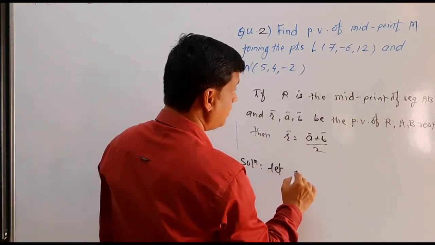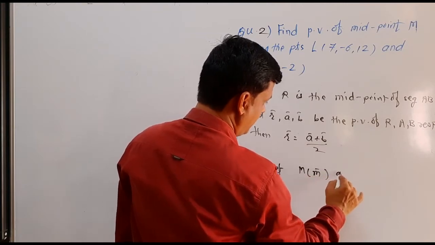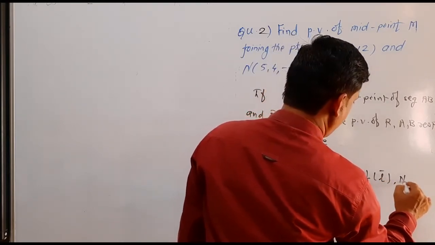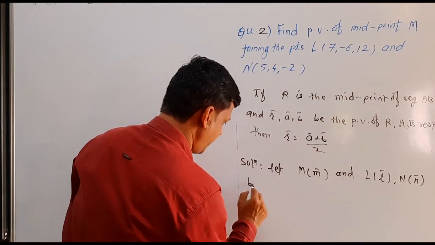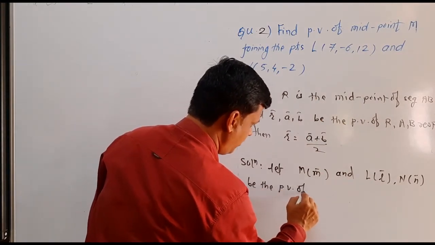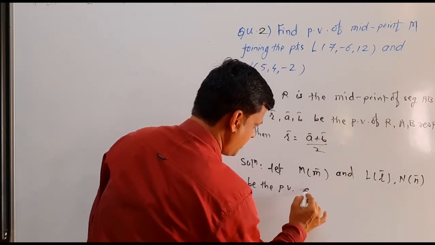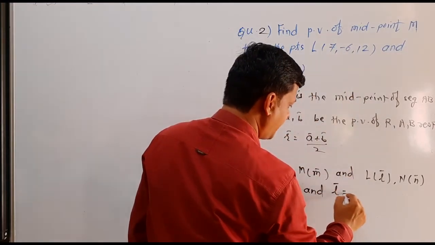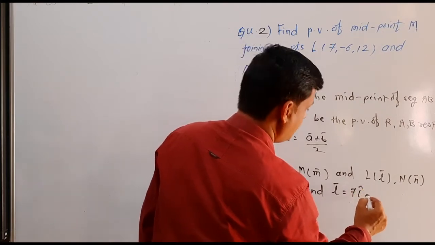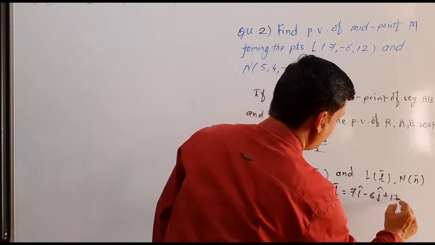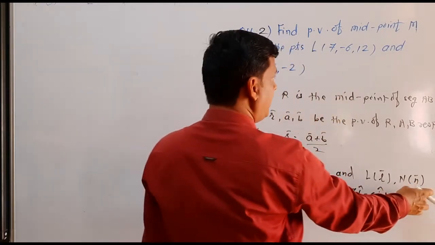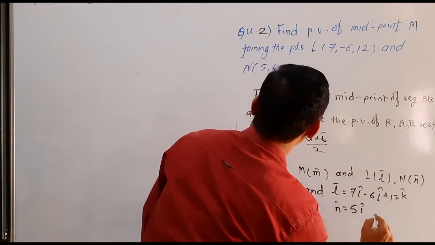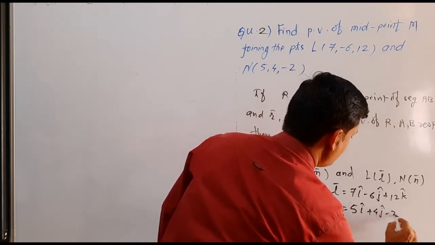Let M bar, L bar, N bar be the position vectors, and here the coordinate of point L is given, so we write its position vector as L bar equals 7i minus 6j plus 12k, and the position vector of N bar, because the coordinate of point N is given, so we write N bar equals 5i plus 4j minus 2k.